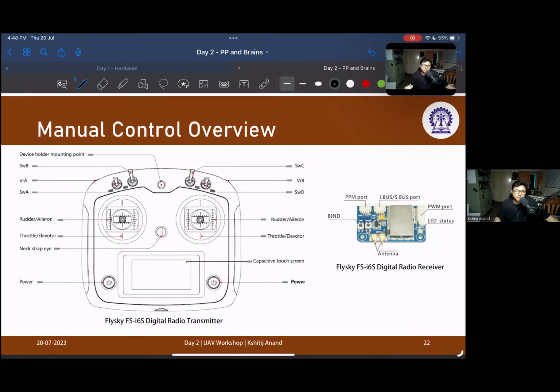Now I'm going to talk about manual control and automatic control quickly, and I'm going to give a review about the same. So basically, this is how, I'll just enlarge my video. I don't know if you can enlarge the video.